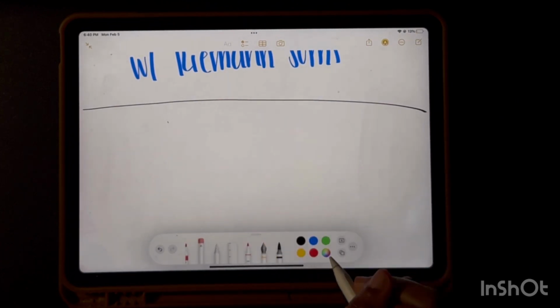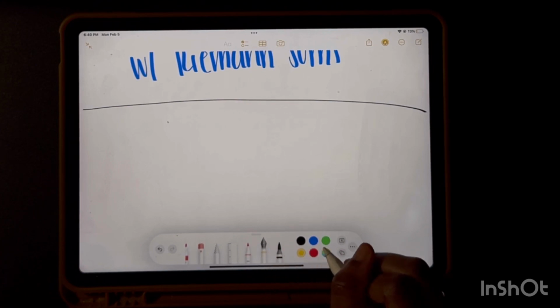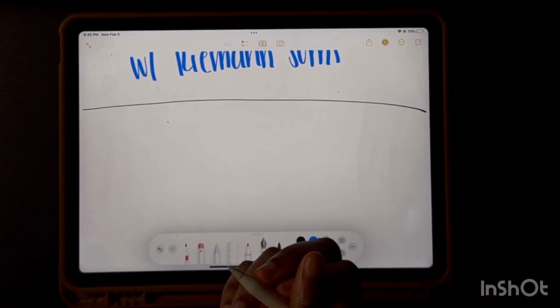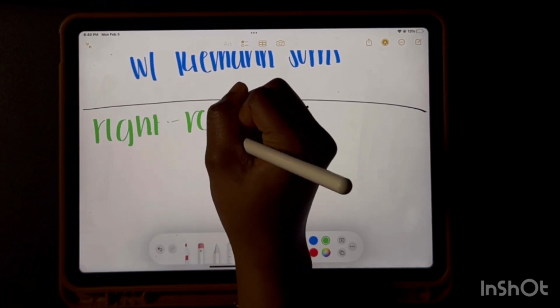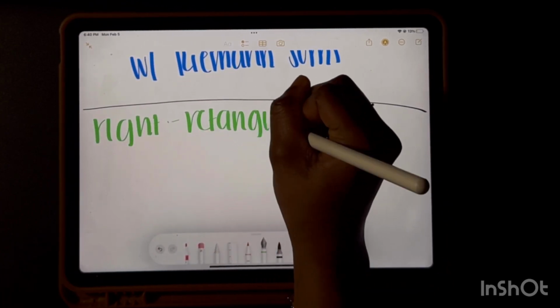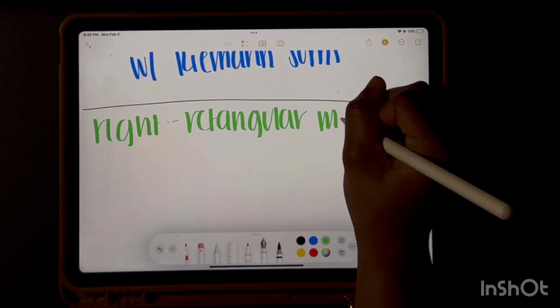Now let's look at different methods. The first method we're going to start with is the right rectangular method.